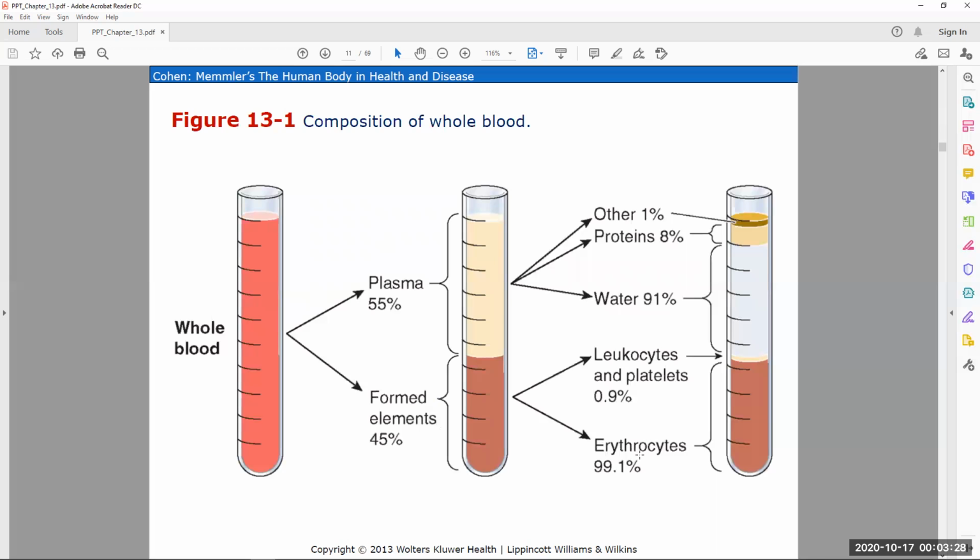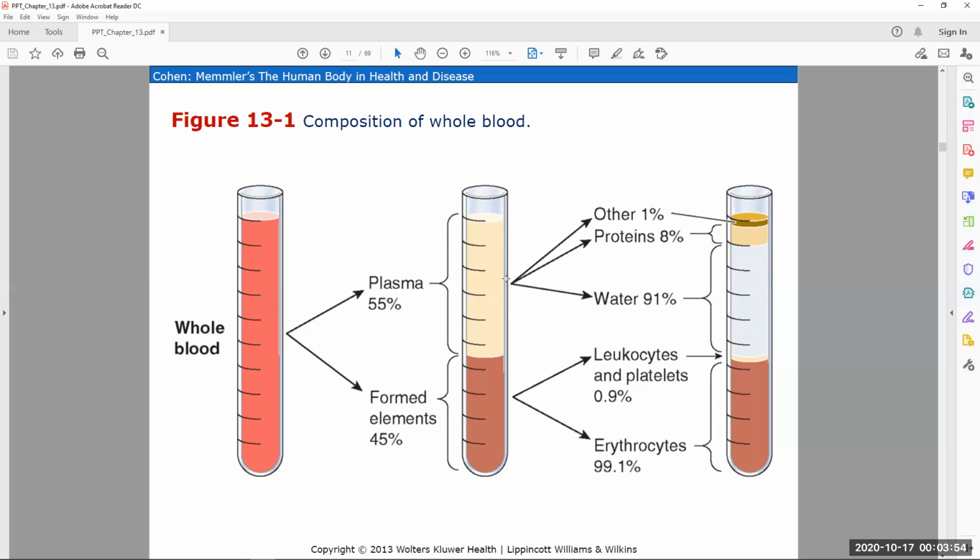Nothing more than red blood cells or erythrocytes, which form 99.1% of the formed elements, leukocytes and platelets. White blood cells, leukocytes, are very important to fight infection. Platelets are critical in the formation of plugs or clots, and we see that when we look at the clotting cascade which occurs.